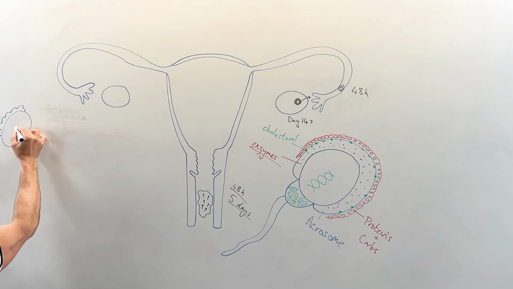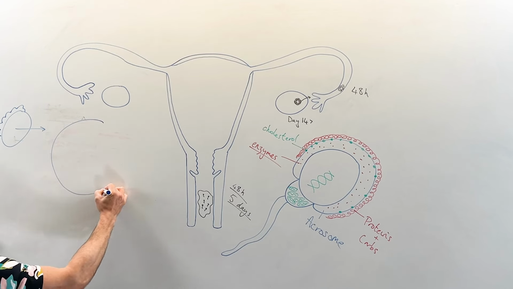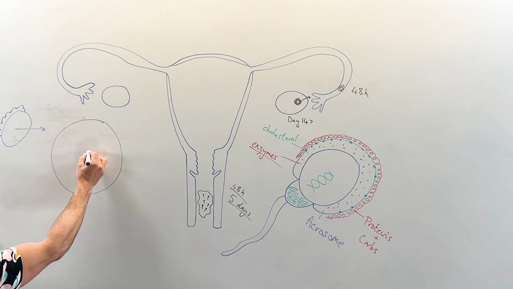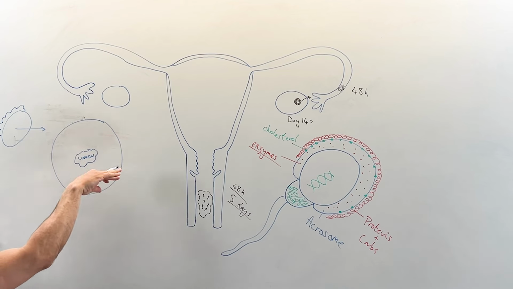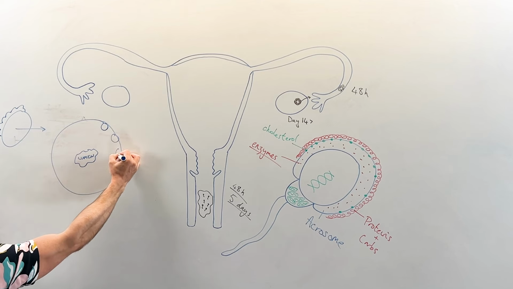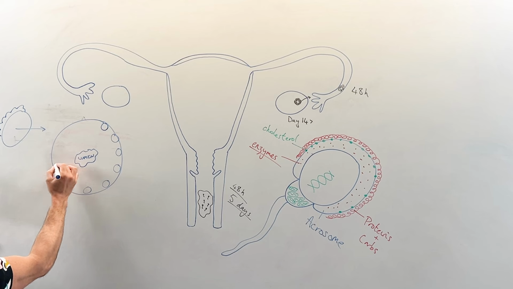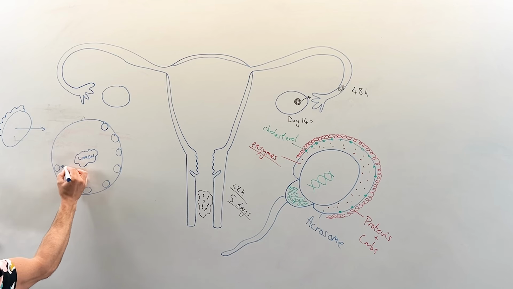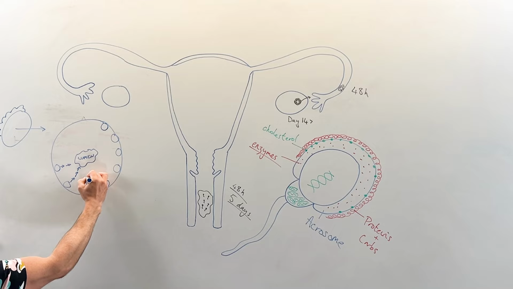We're going to have a look inside and we're going to see that we've got seminiferous tubules. We've got a whole bunch of these tubules which has a hollow inside that we call the lumen. That's where the sperm will move through. But sperm is produced on the outside here in spermatogonia, which are stem cells. And they start to move inward. And as they do so, they mature into spermatids.